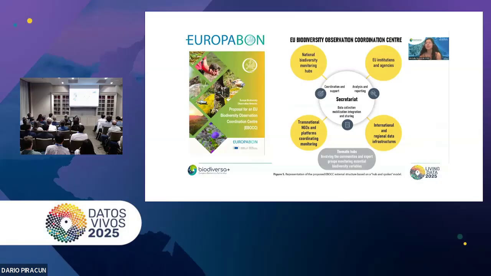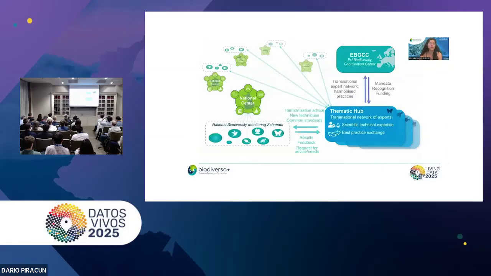I will not get into the details here in this presentation, but just to say that it involves thematic hubs, involving the communities and expert groups monitoring EBVs as essential players in the coordination and the governance landscape for biodiversity monitoring.